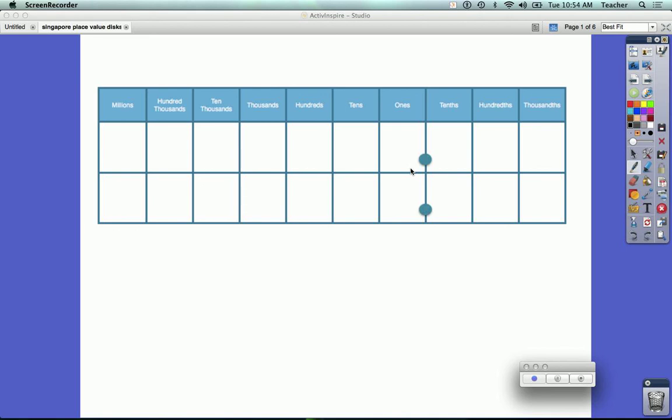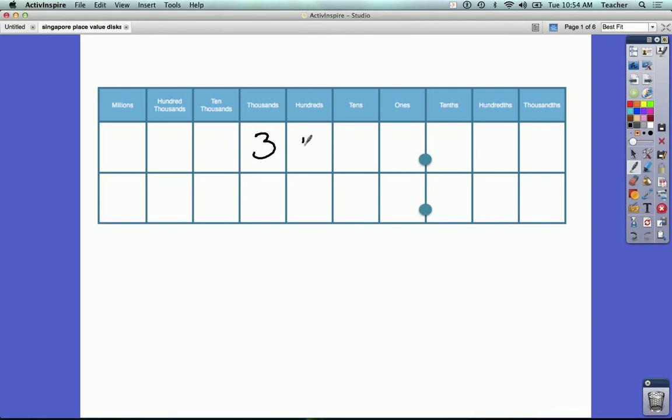Okay, yesterday we learned that when we have a number, let's call it 3,451.3, and we multiply that by 10, what happens to our number?